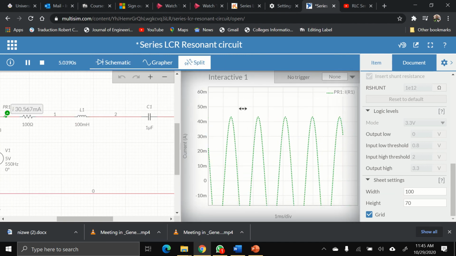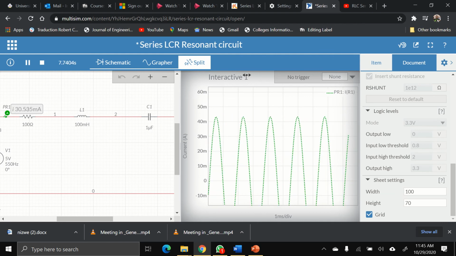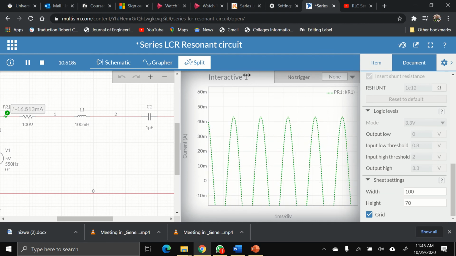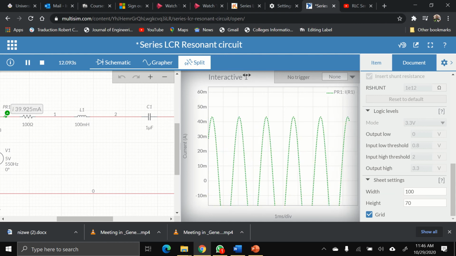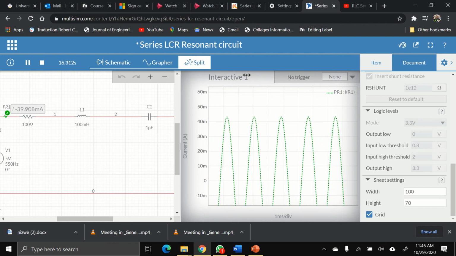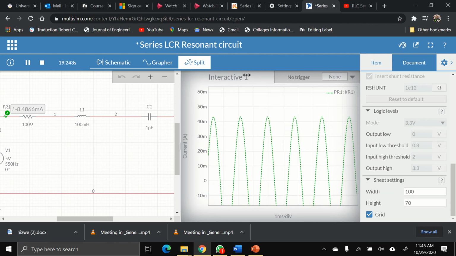At 550 hertz, the peak value is approximately 44 or 43, say 44 milliamp. So I have taken the data.